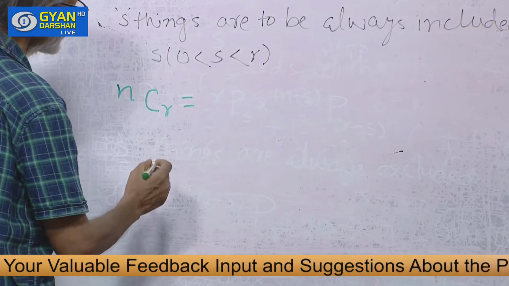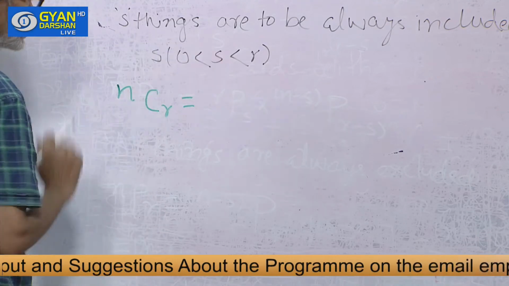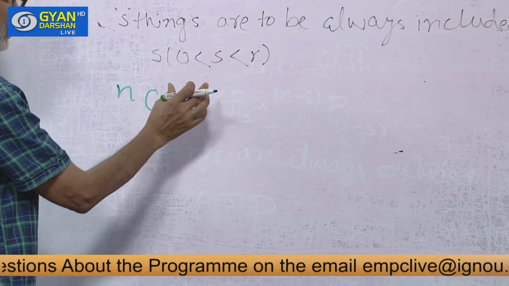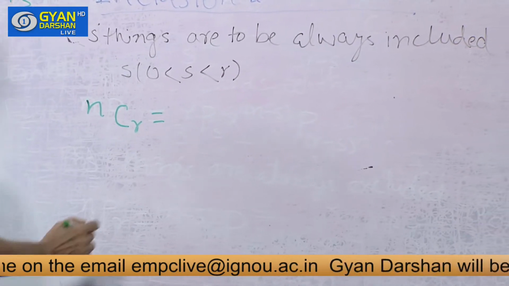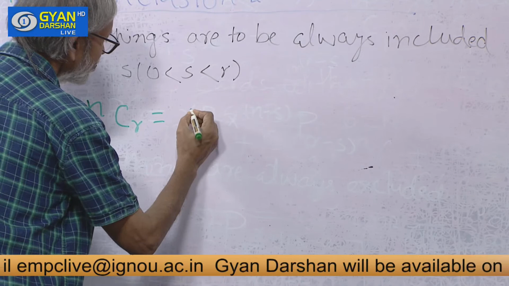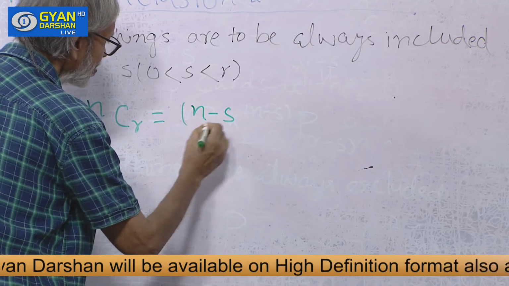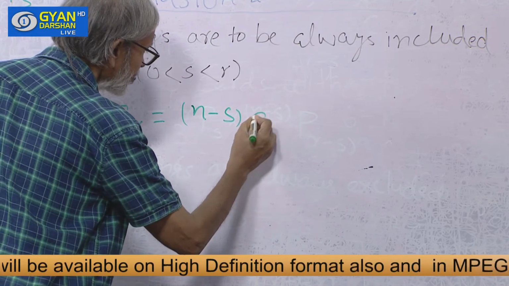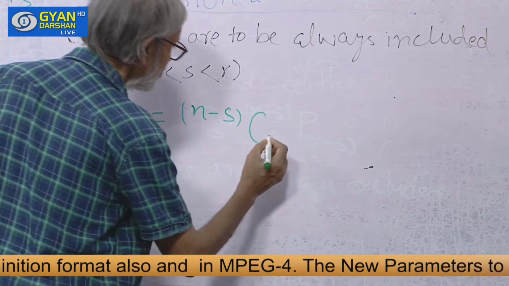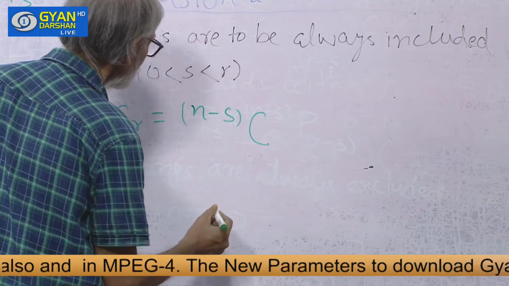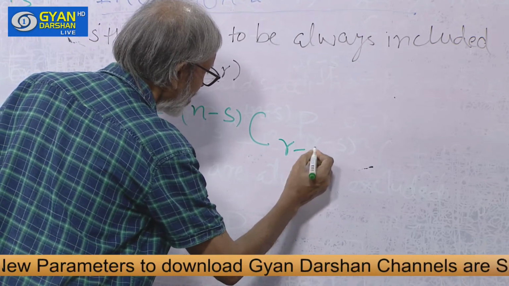First we select s things and put them in the group, and then from the remaining n minus s things, we make a group of the remaining things, say r minus s.